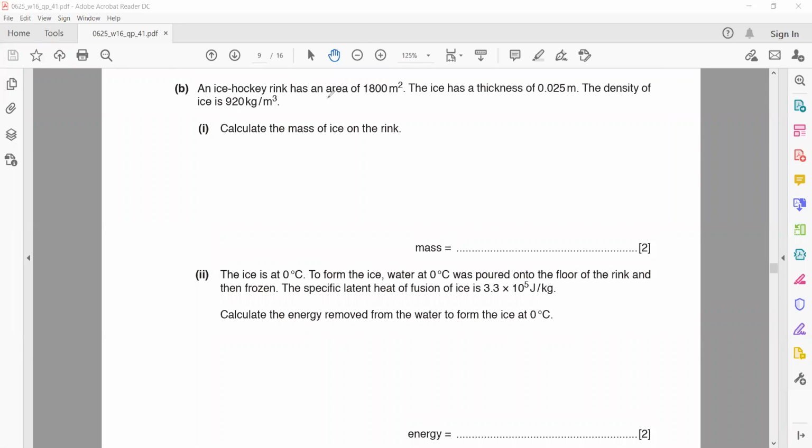An ice hockey rink has an area of 1800 meters square. So for example, this is a rink of ice hockey which has a total area of 1800 meters square.